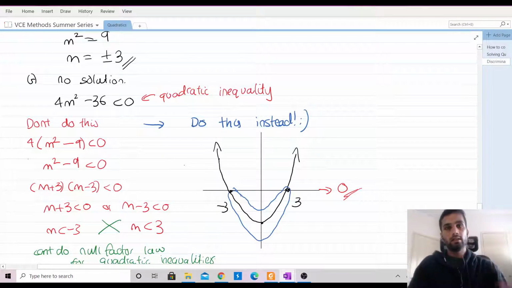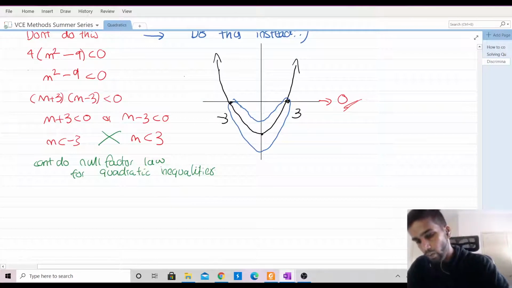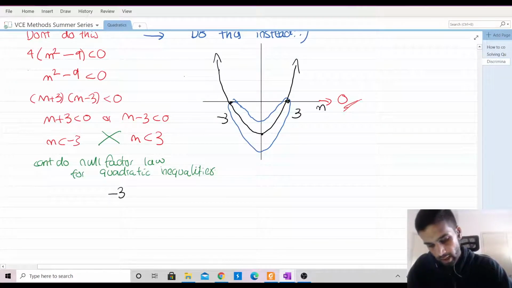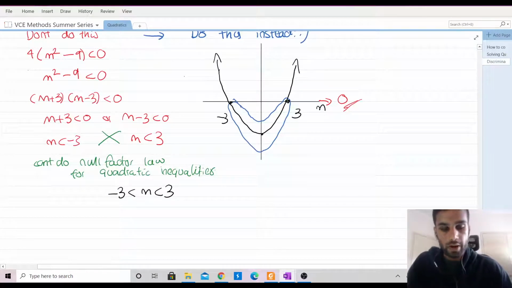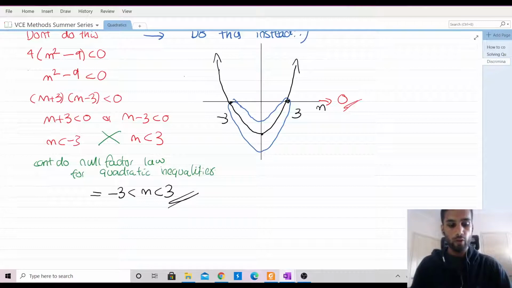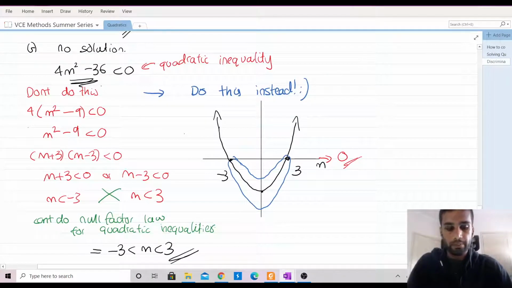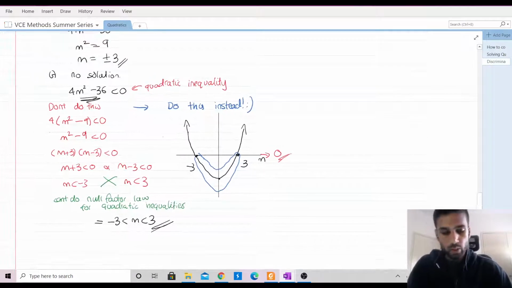So when is the discriminant less than 0? The discriminant is less than 0 when m is between negative 3 and 3. That's our answer. Because when m is in that range, the curve is below 0, and that's what we want. We want when 4m squared minus 36 is less than 0. So that's when we have no solution.